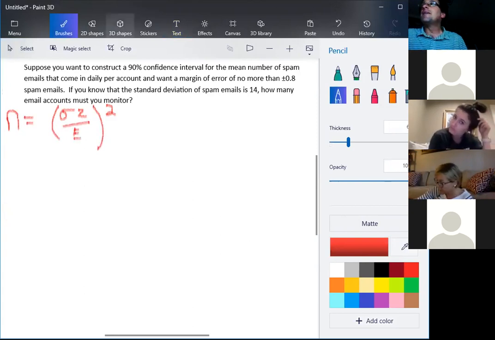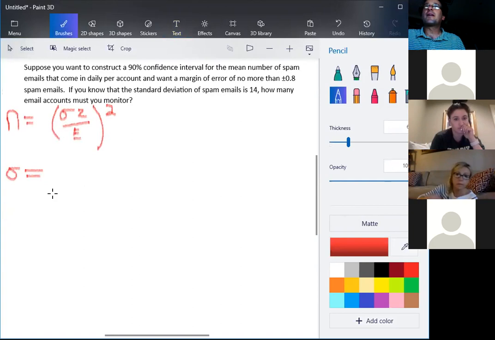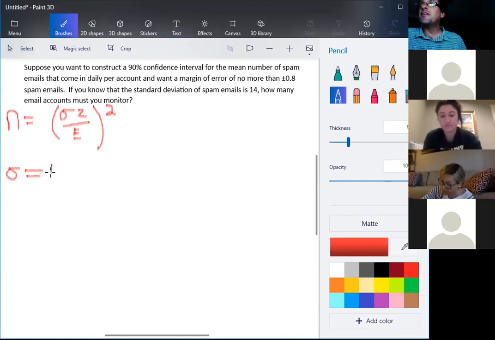All right. So now we know sigma. What's sigma? 14. Okay, 14. And just a note, in the real world, if you don't know sigma, what you often do is look at the range that you would guess might be true.